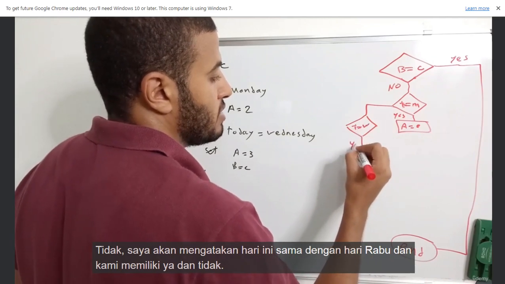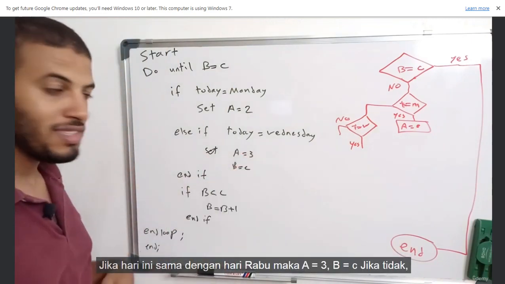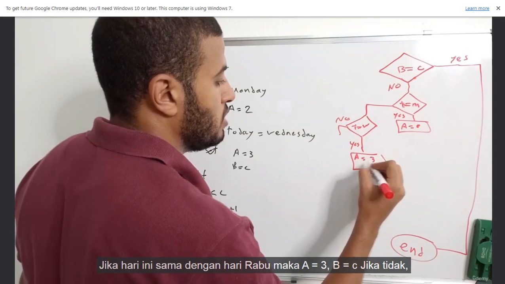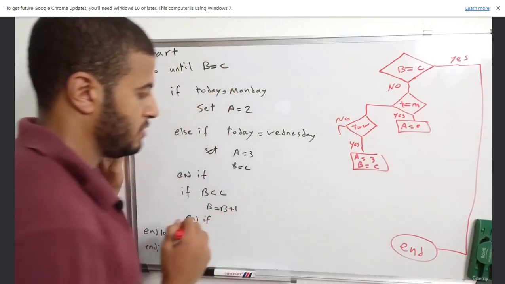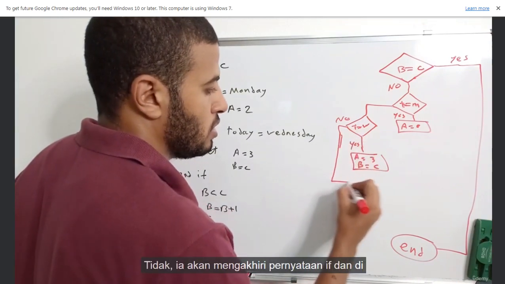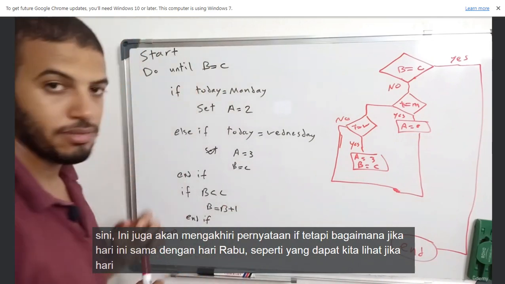And we have yes and no. If today equals Wednesday, then A equals 3, B equals C. If not, it will end the if statement. So here, no, it will end the if statement, and here, this also will end the if statement.